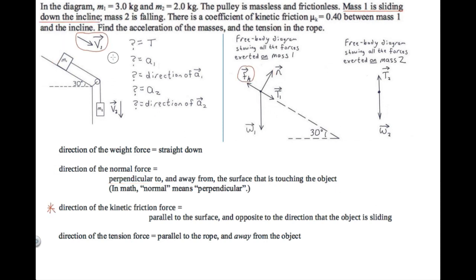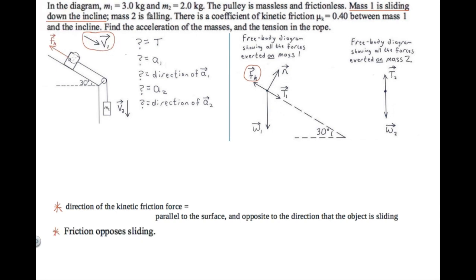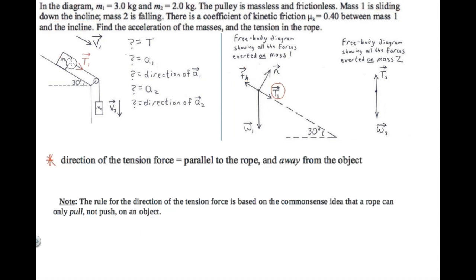In this problem, mass 1 is sliding parallel to and down the incline. So for this problem, the kinetic friction force on mass 1 points parallel to and up the incline, like so. The tension force exerted by the rope on mass 1 points parallel to the rope and away from mass 1.